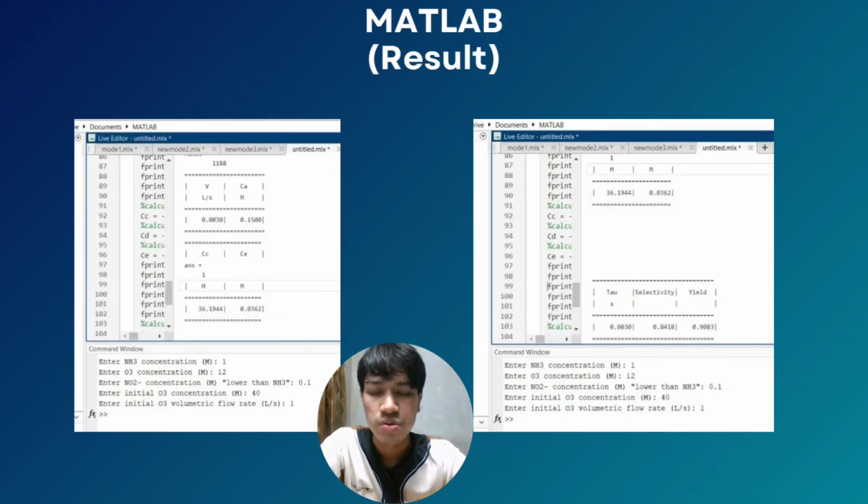Okay, now we're going to discuss the MATLAB programming. From the code that we created to calculate the tau, selectivity, and the percentage yield, we need the user to key in the input, which is the NH3 concentration, the ozone concentration, and the NO2 minus concentration.